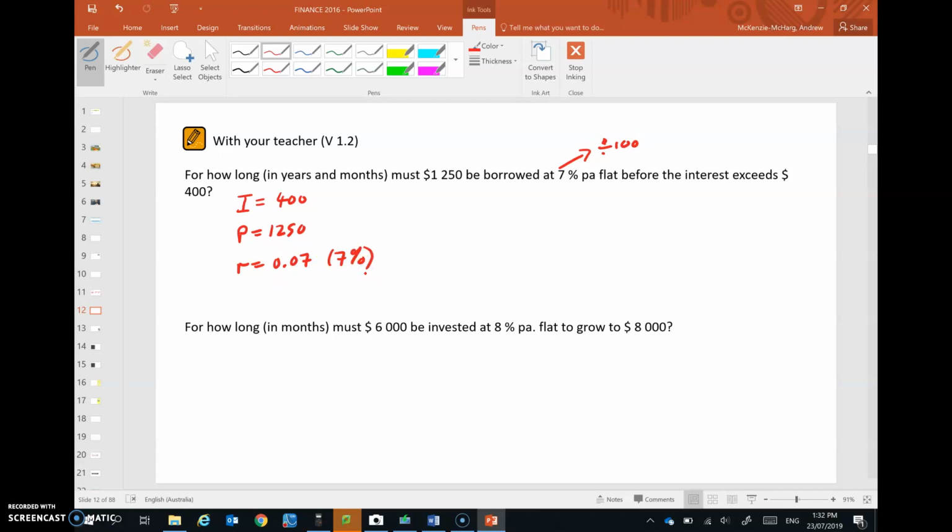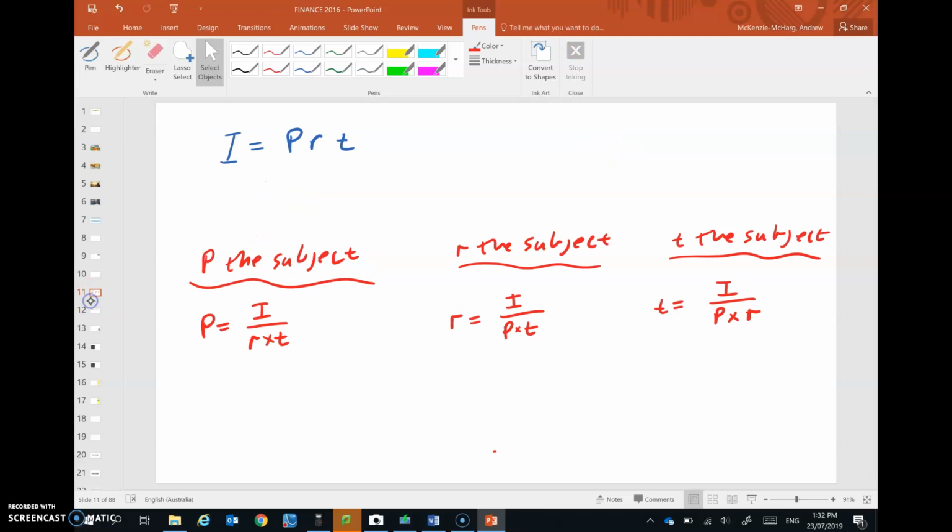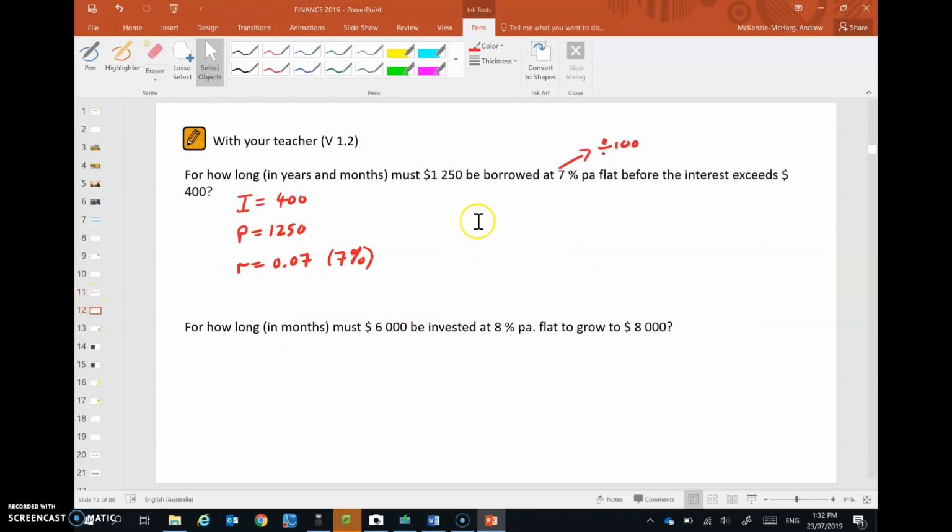So we want to find how long. We're looking at time, so we're going to use that version of the formula that I've just highlighted: T equals I over P times R. So in this case, that's 400 divided by 1250 times 0.07.